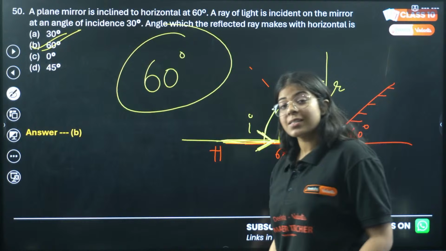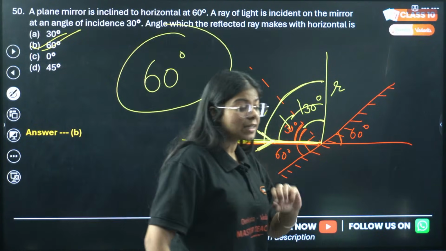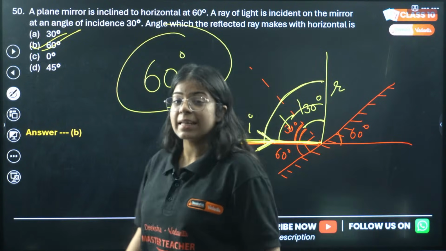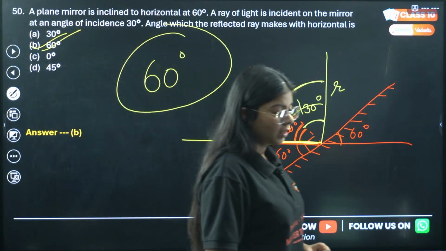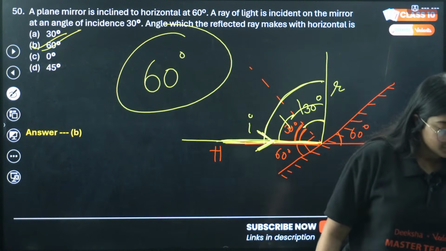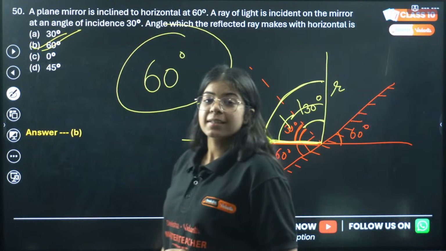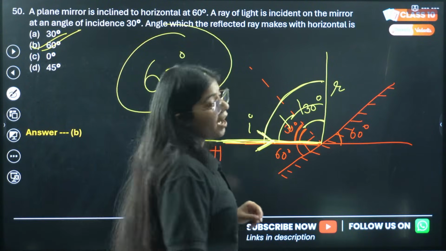A lot of students in our live chat also told us that they have seen this question in their pre-boards as well. And I can guarantee you lots of questions from these lives will come in your boards. Okay, correct? We are done with our live session for today. Let me know if you have any doubt.